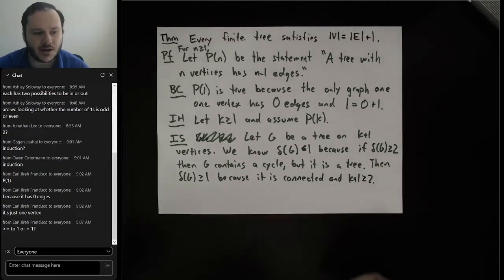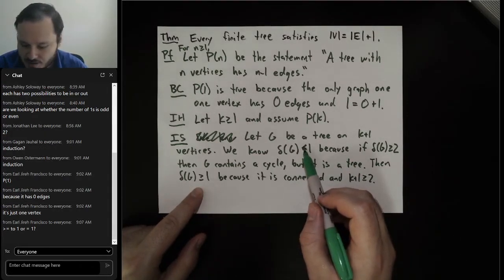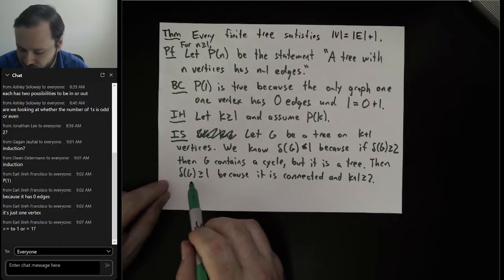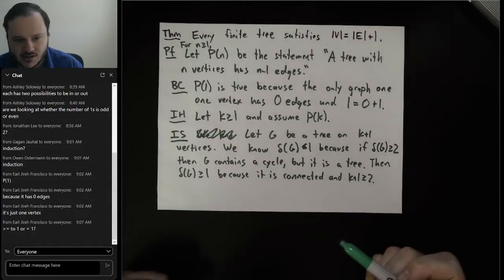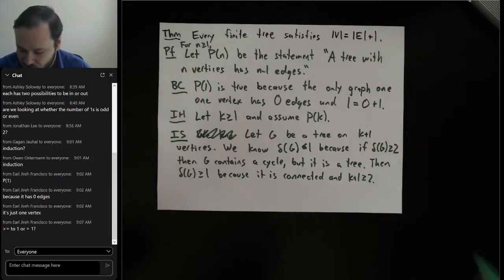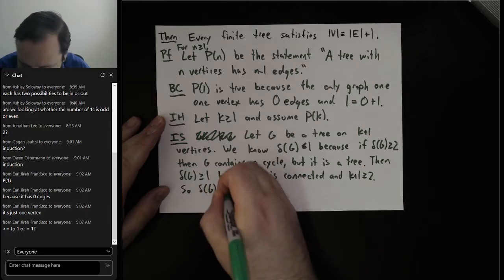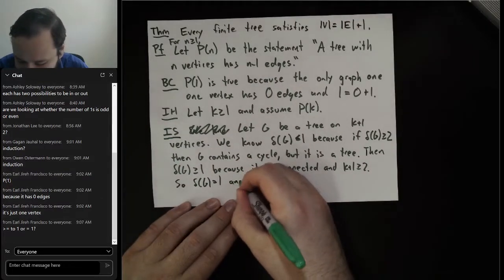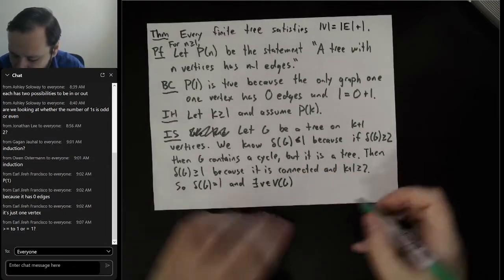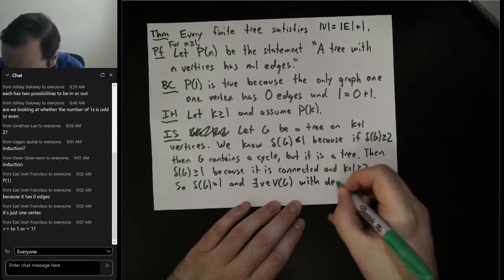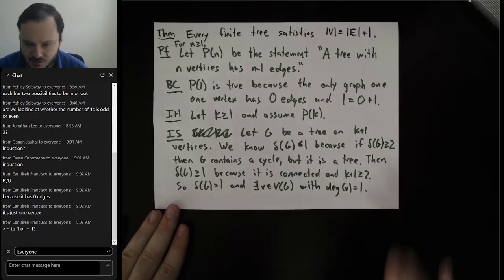So my minimal degree is less than or equal to 1 because it doesn't have a cycle, and greater than or equal to 1 because it's connected. And so if you're both less than or equal to 1 and greater than or equal to 1, then you're equal to 1. So delta of G equals 1, and there exists a vertex V with degree of V equal to 1. I can definitely find a vertex that has degree 1.